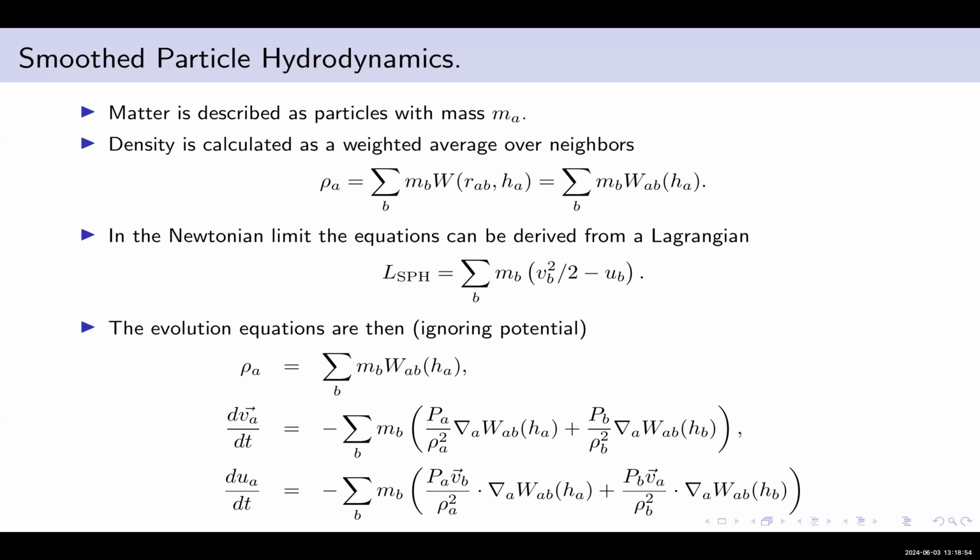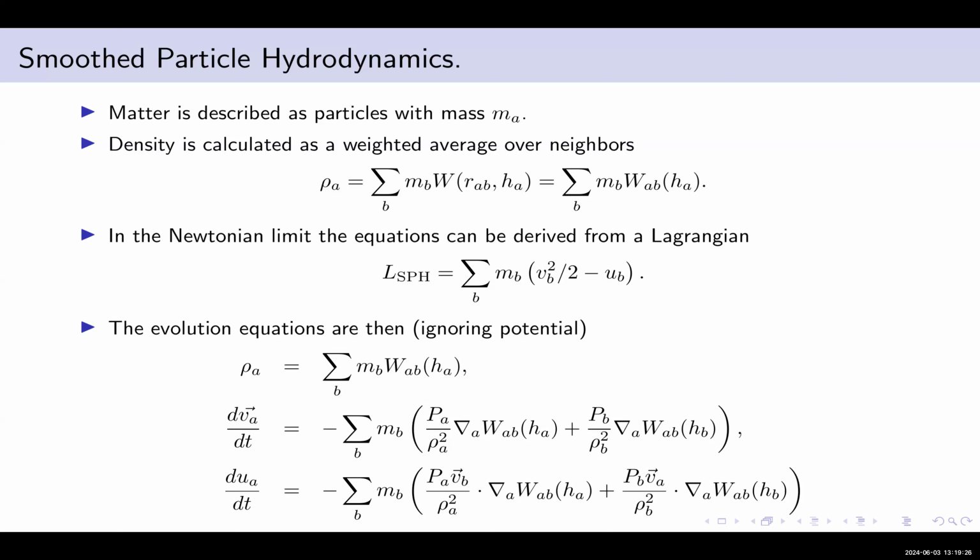And in the Newtonian limit, the equations can be derived from a Lagrangian. So essentially just the kinetic energy plus the internal energy. I'm ignoring here the gravitational potential. And from this Lagrangian, you can just do the normal thing and come up with the evolution equations for the velocities and the internal energies.